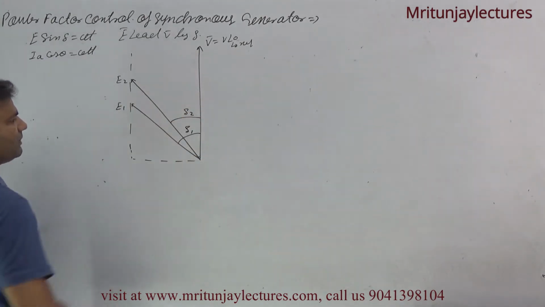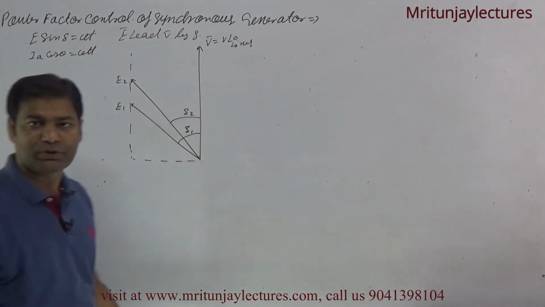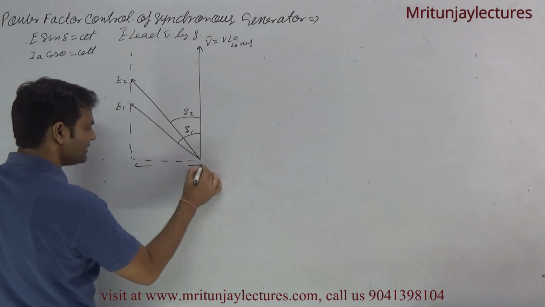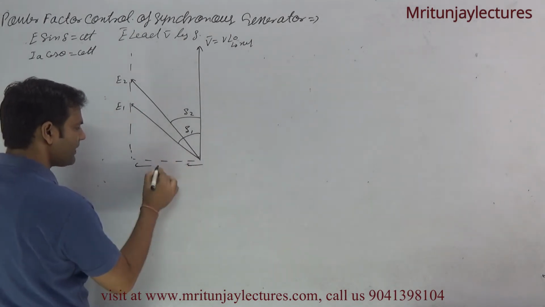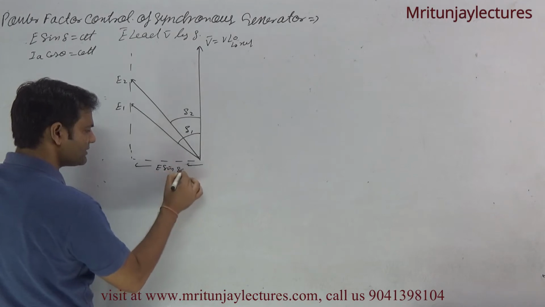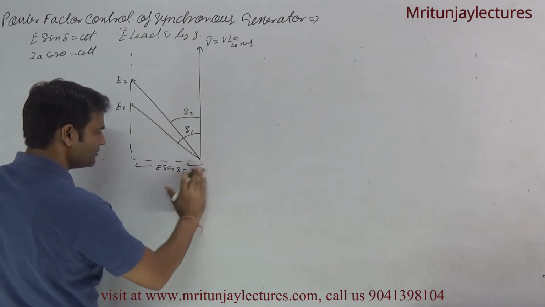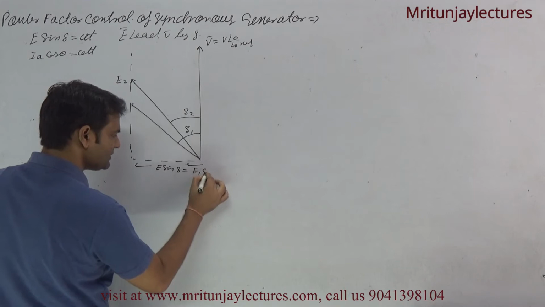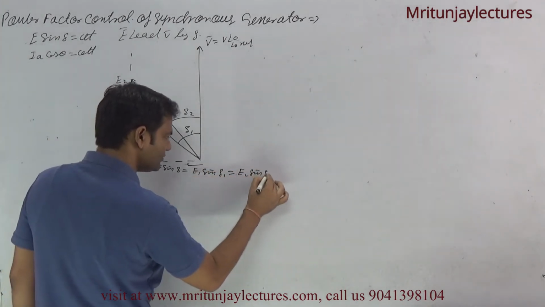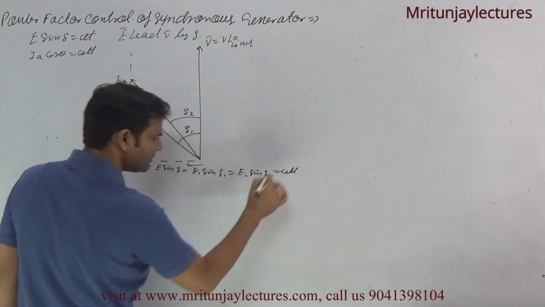E leads V by delta 1 and delta 2 respectively, that's why it is written that E sin delta is constant. If any doubt, it is written as E1 sin delta 1 equal to E2 sin delta 2, that is constant. Okay.